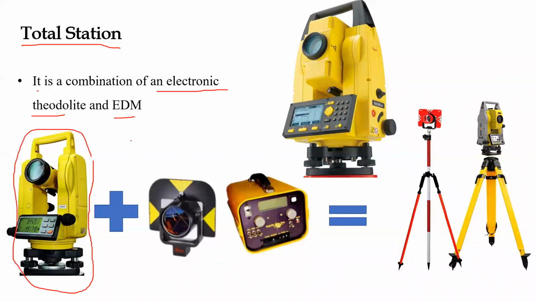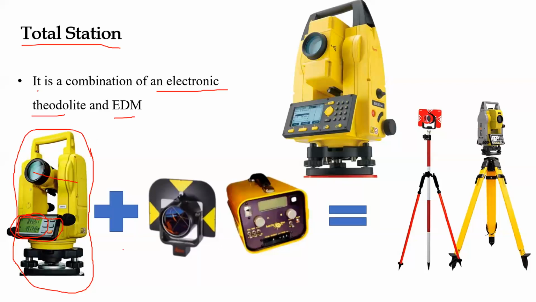In this electronic theodolite, the telescope will be there, and instead of the vernier scale, you will be having some kind of display. Directly the angle comes up, you set it to 0, and after setting 0, you just rotate and it electronically displays your angular measurements. All right, so that is your electronic theodolite.